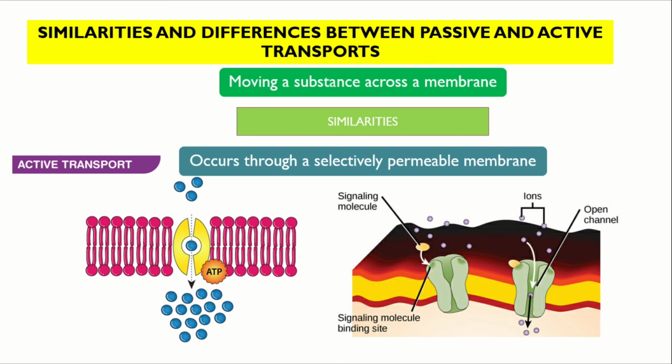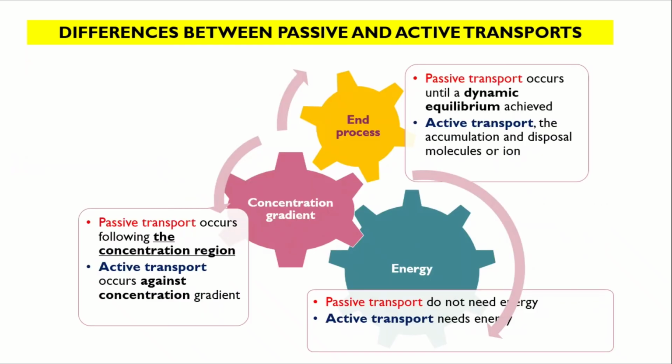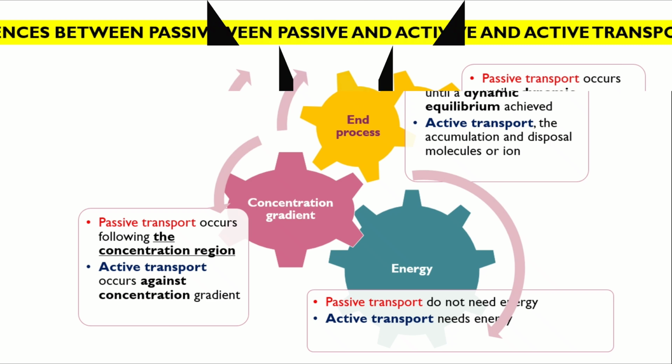Last but not least is the similarities and differences between passive and active transport. The similarities for both types of transport are that both move a substance across a plasma membrane and also occur through a selective permeable membrane. Meanwhile, the differences are that energy is needed in active transport, while passive transport does not need energy.